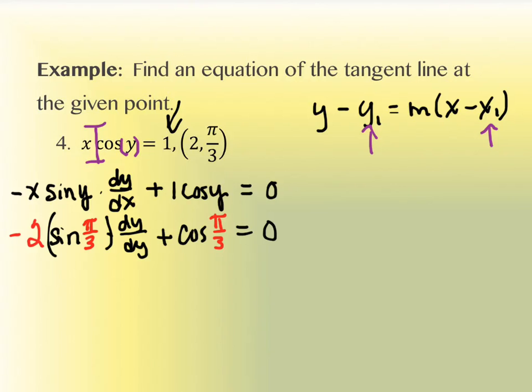And it equals 0. So all the pieces in red were the plugged in pieces. Now you have to remember something about a unit circle because you need some exact values here. Let's see what you remember. Do you remember what the sine and the cosine values are respectively at pi over 3?